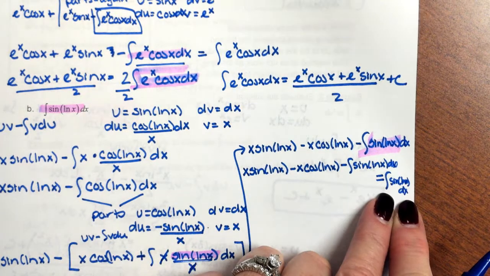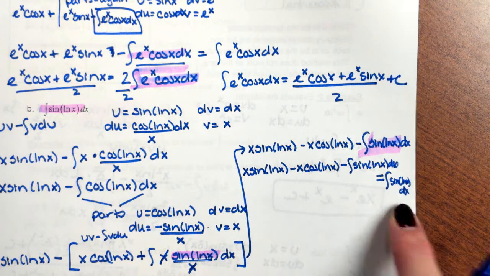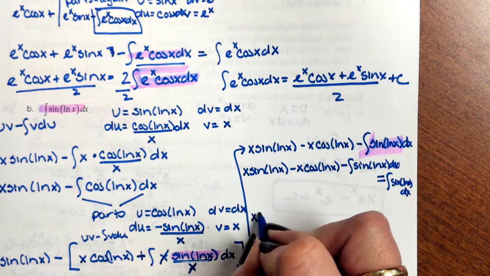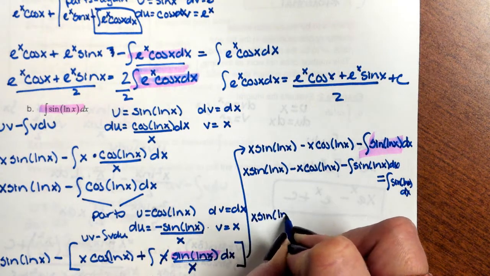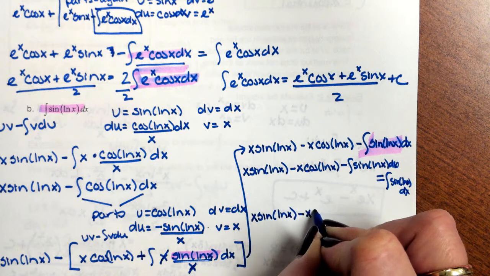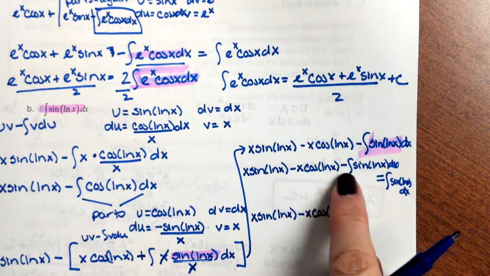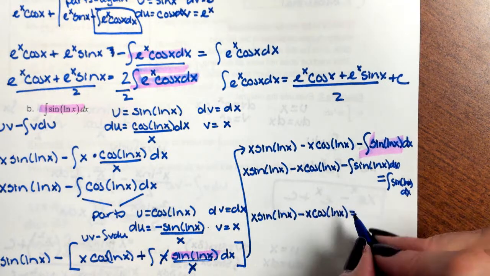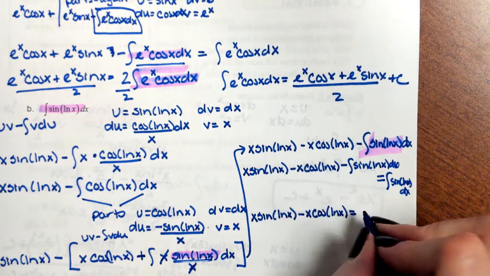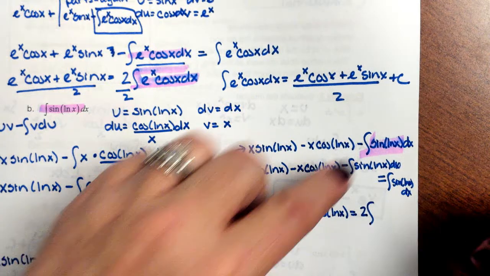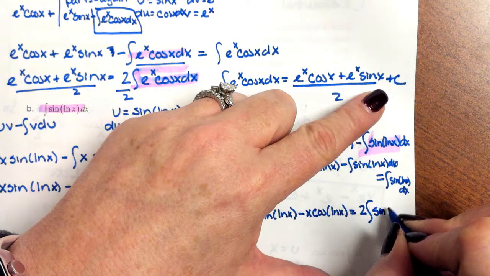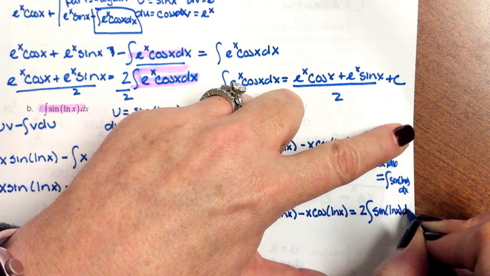I'm going to combine like integrals on the same side of the equal sign. So x times the sine of the natural log of x minus x cosine of the natural log of x is going to be equal to, when I add the like integrals together, 2 times the integral of sine of the natural log of x dx.